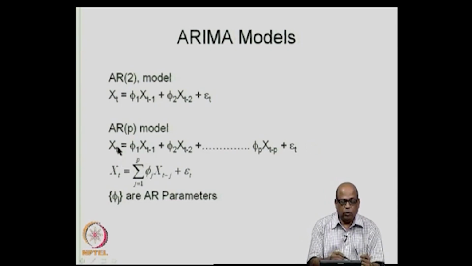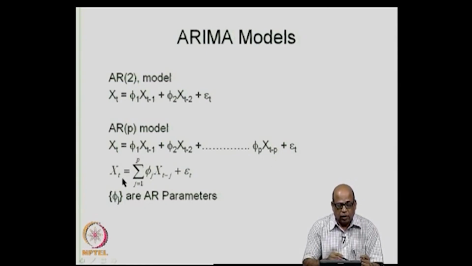So, if x t denotes the flow at a particular month, let us say you are talking about the stream flow in the month of June, and this is the monthly time series, you may write that as phi 1 x t minus 1. Let us say x 12 is equal to phi 1 x 11 plus phi 2 x 10 and so on. So, you are taking previous terms.